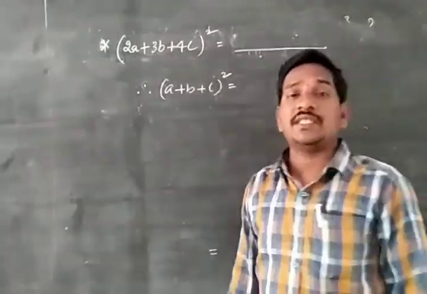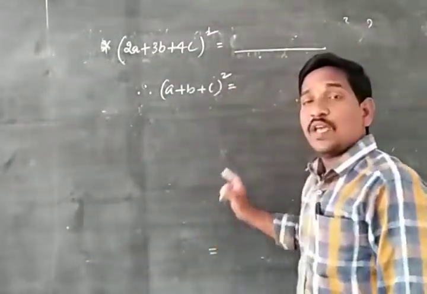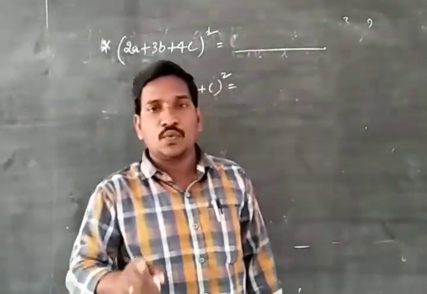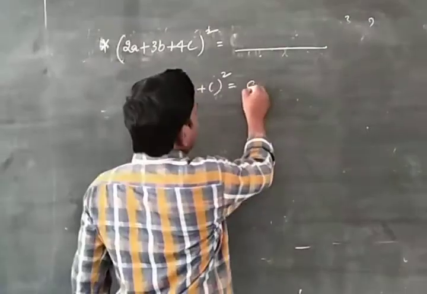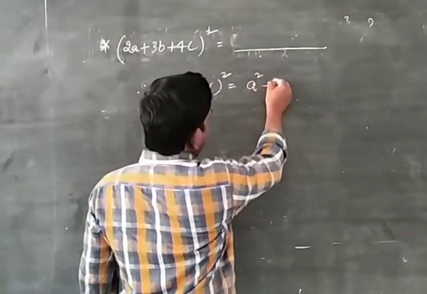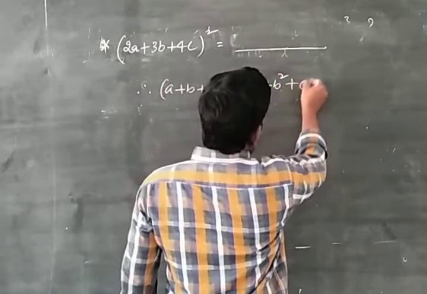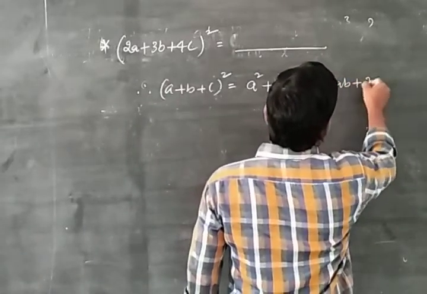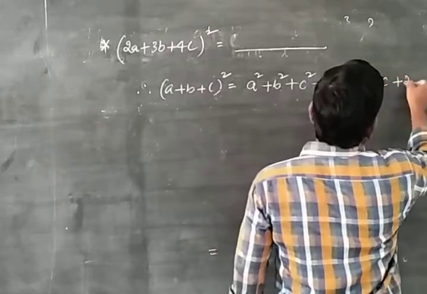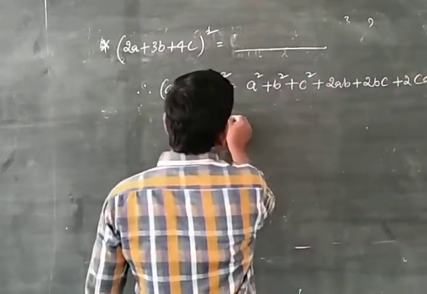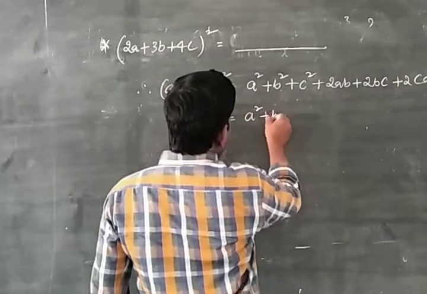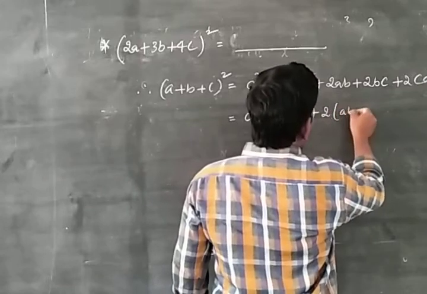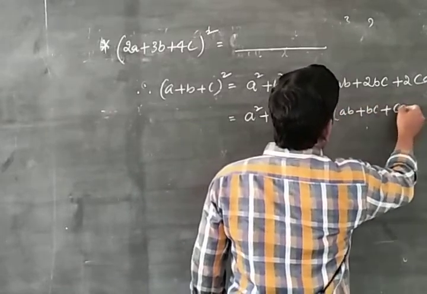A plus b plus c whole square formula: a square plus b square plus c square plus 2ab plus 2bc plus 2ca, or otherwise a square plus b square plus c square plus 2 into ab plus bc plus ca.